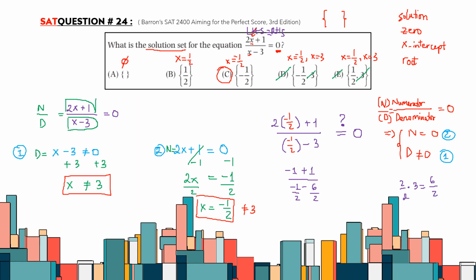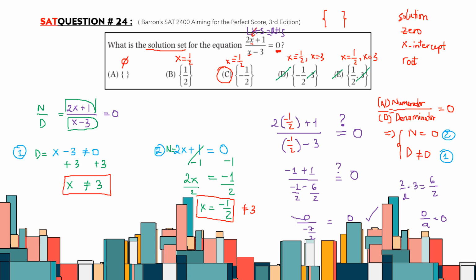So the bottom will be negative 7 over 2. Of course, 0 divided by anything is 0. So this one equals 0. Then our answer, x equals negative 1/2, is the solution.